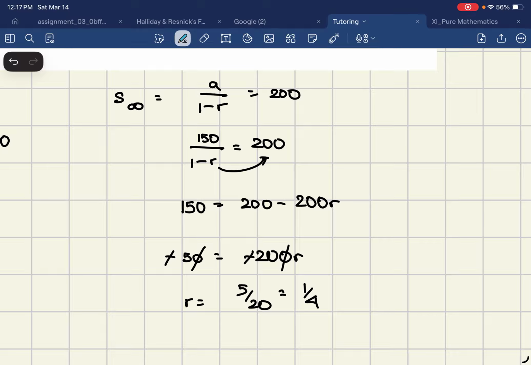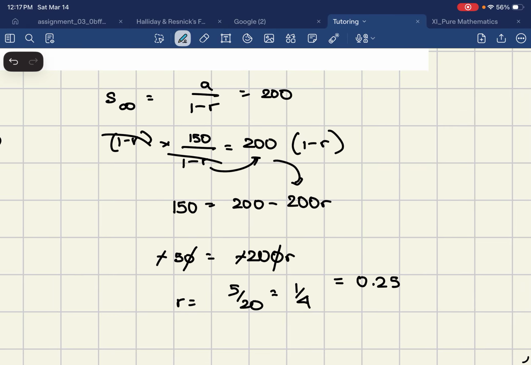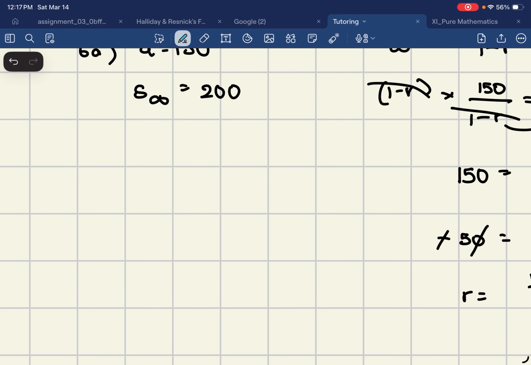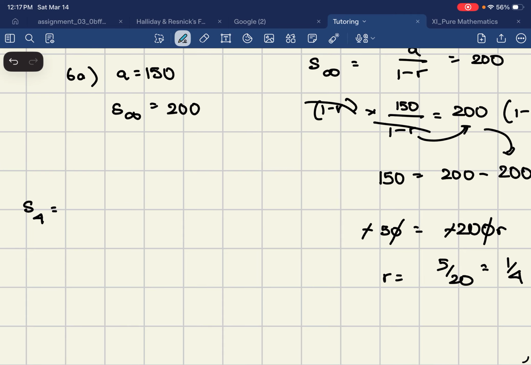So you can think of it slowly on how I did it. I multiplied by 1 minus r on both sides. These canceled out. And on my right-hand side, I got this expression. And then I used some algebra to get r is equal to 1 over 4, which is 0.25. And it's find the sum of the first 4 terms. Well, now that we're not considering to infinity anymore, we're going to use the same formula that we used in the previous video.